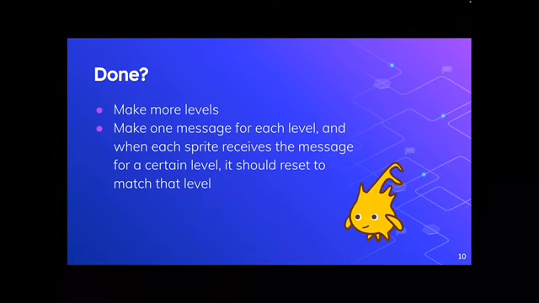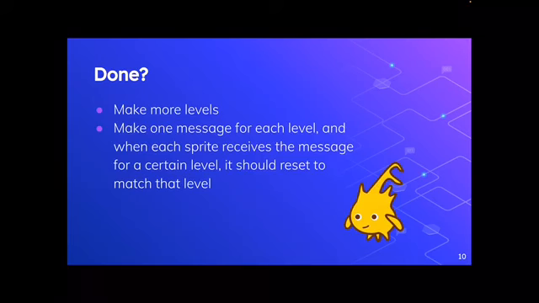Okay, also if you're done with all of that, which is already a lot, you can make more levels and make one message for each level. And when the sprite receives the message for a certain level, it should reset to match that level. So what this means is we're not saying something. By messages, we mean broadcasting and messages.